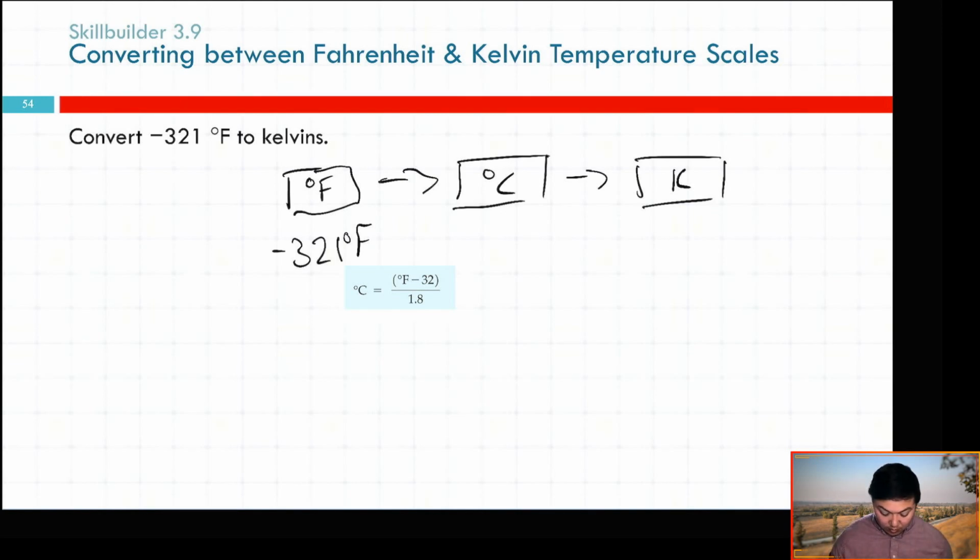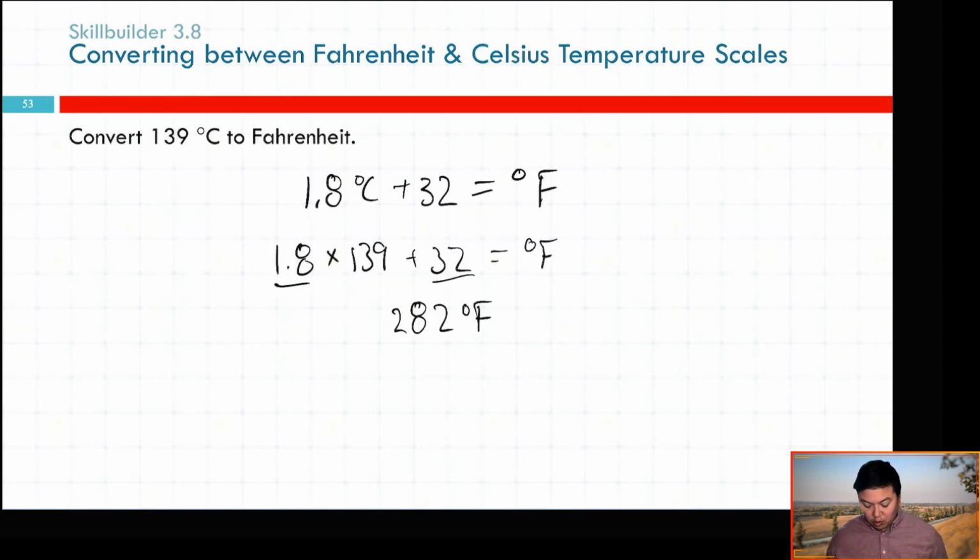Again, got to remember your order of operations. And if I did everything correctly, just double checking my work, we should have negative 196.111 repeating. Again, remember, we're going to use the significant figures from our initial number.